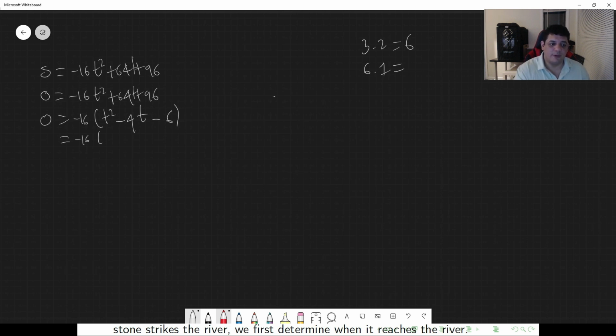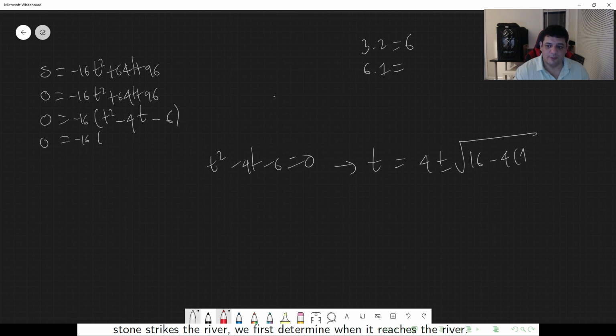So what we can do instead is use the quadratic formula. We can say t should be 4 plus or minus the square root of 16 minus 4, where a is 1 and c is minus 6, over 2.